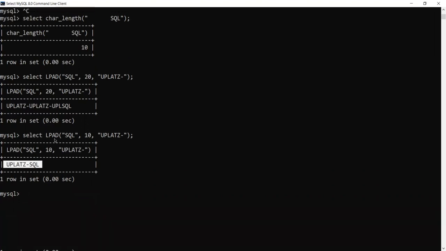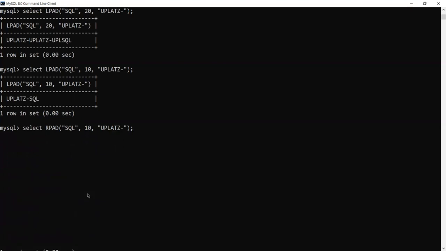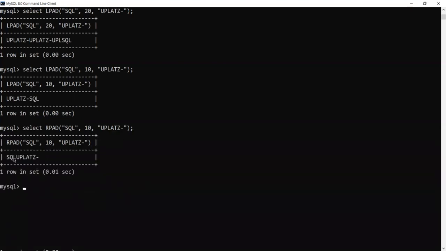And since we have something as left pad, we should have something as right pad as well. So exactly opposite of this, we have RPAD. What it does is, to the right hand side of the original string, it will add another string, and together it will be of 10 character length. So as you can see, uplads hyphen got added after SQL.